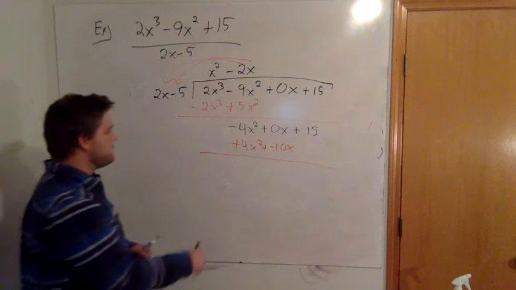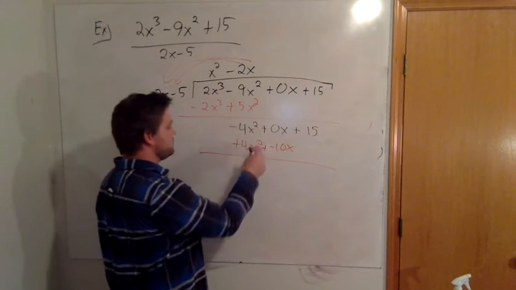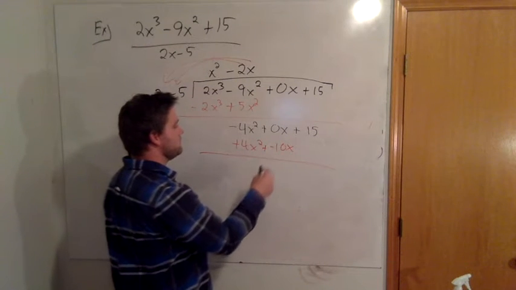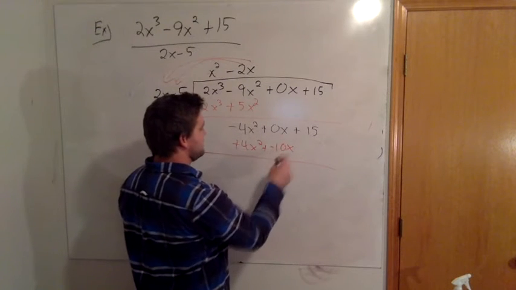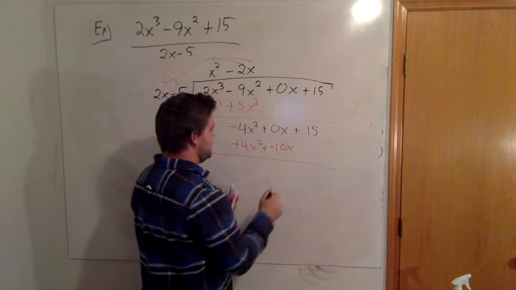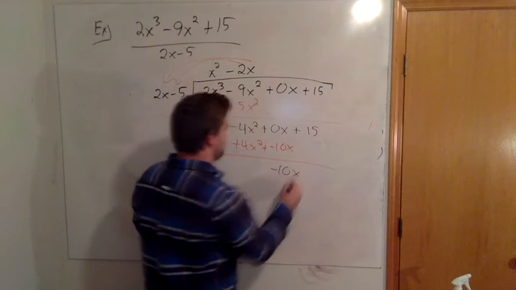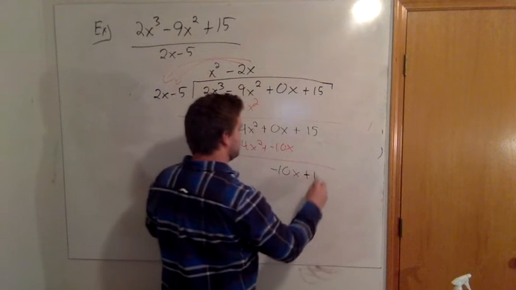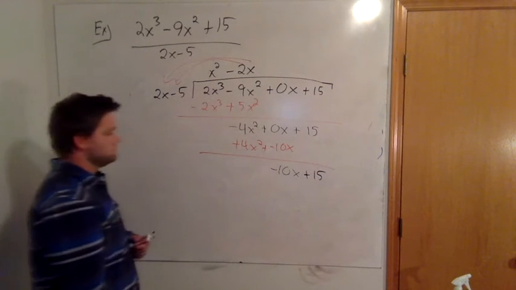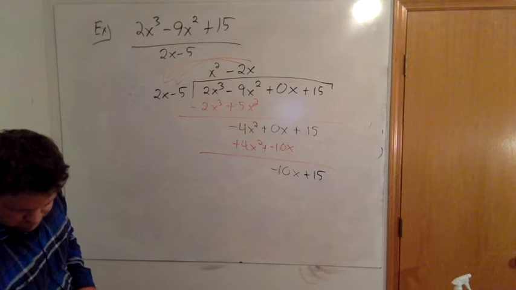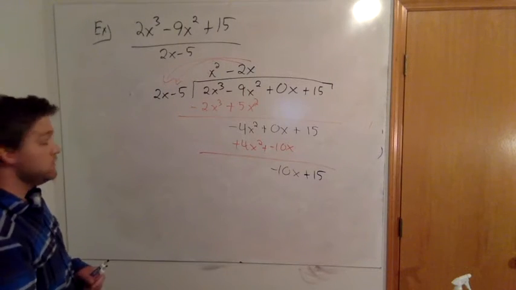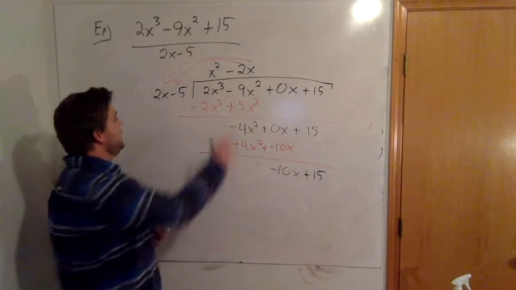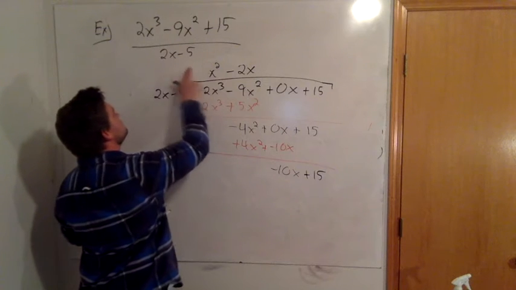So adding these together, negative 4x squared plus 4x squared, I'll get a 0. If I do 0x minus 10x, I'm going to get a negative 10x. And then 15 plus 0, I'll get plus a 15. Okay, we'll repeat the process.